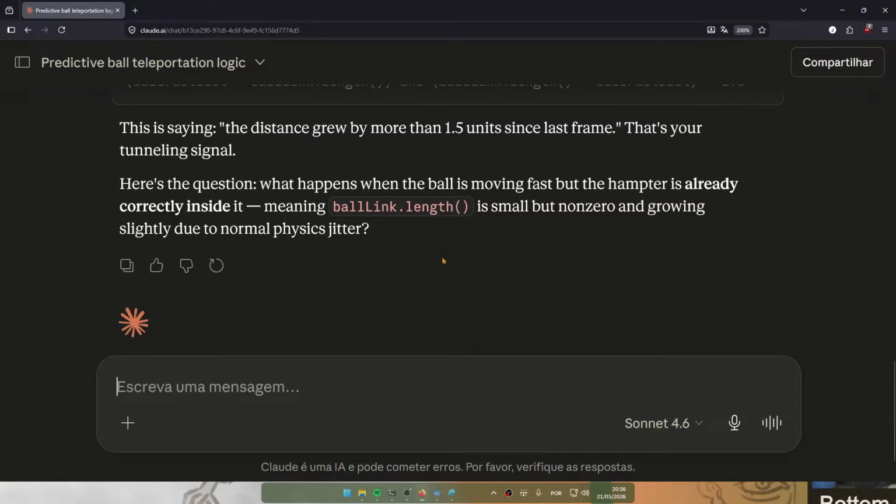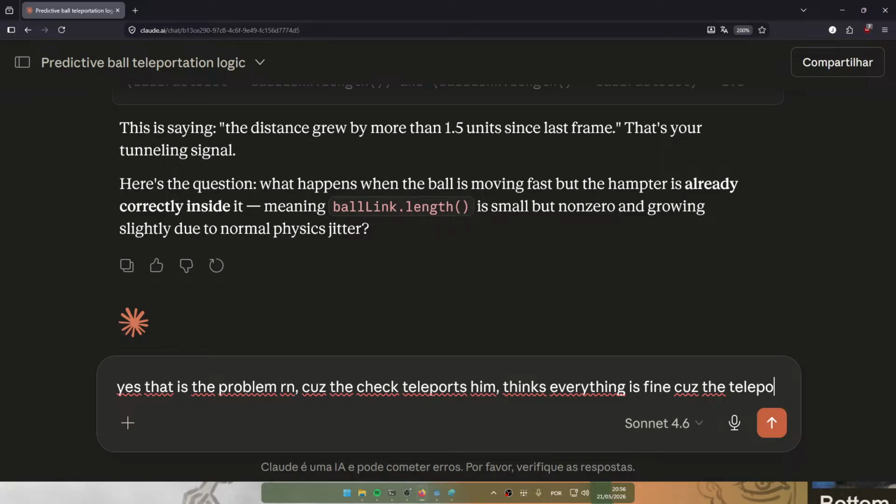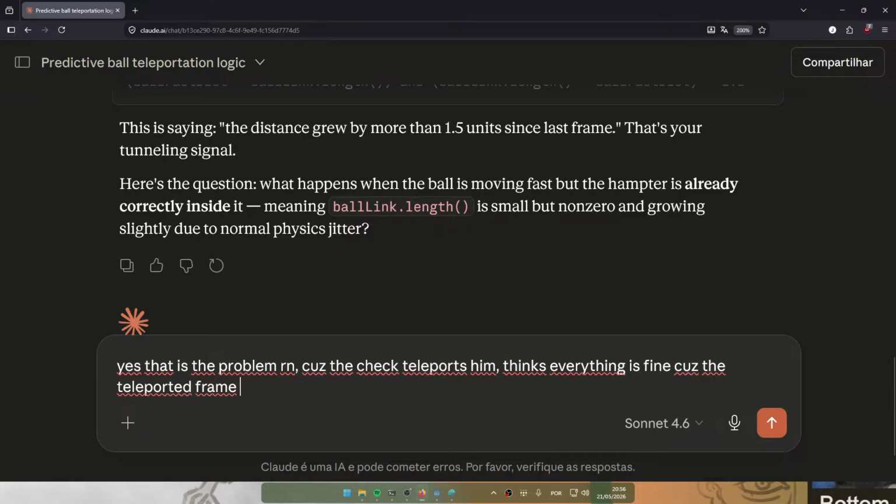Here's the question: what happens when the ball is moving fast but the hamster is already correctly inside it, meaning ball link length is small but non-zero and growing due to normal physics? Yes, that is the problem right now, because the check teleports him, thinks everything is fine because the teleported frame sets the difference to 0.